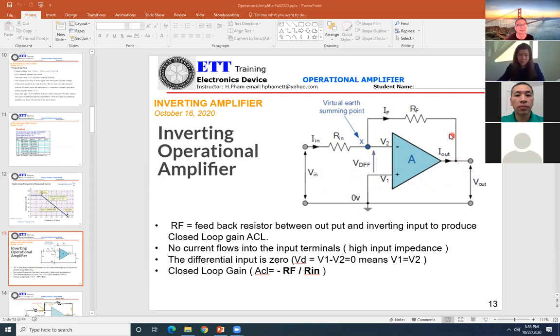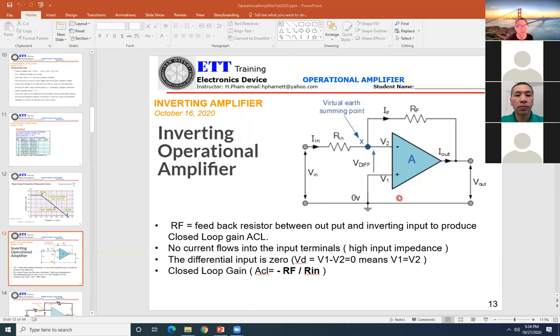And the resistor RF here is the resistor connected from the output back to the input. And we already know VD, the voltage difference between V1 and V2, will be equal to 0.